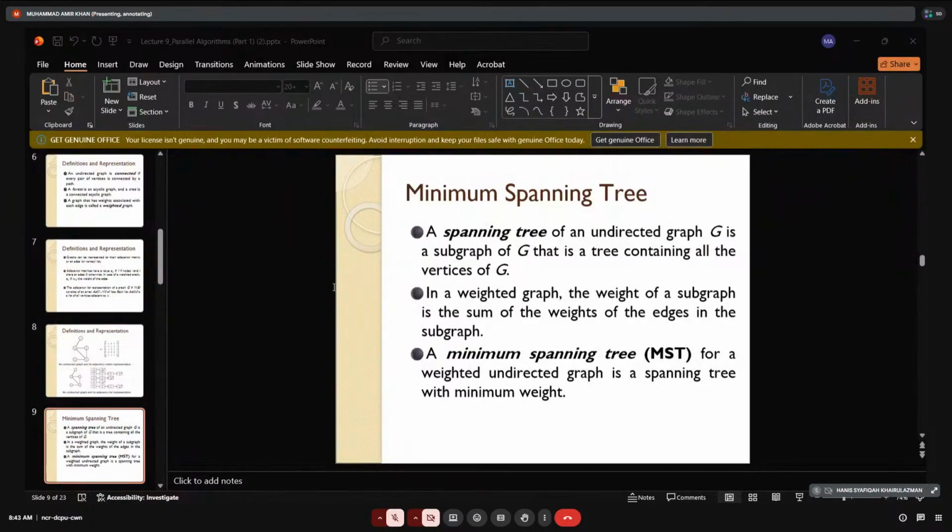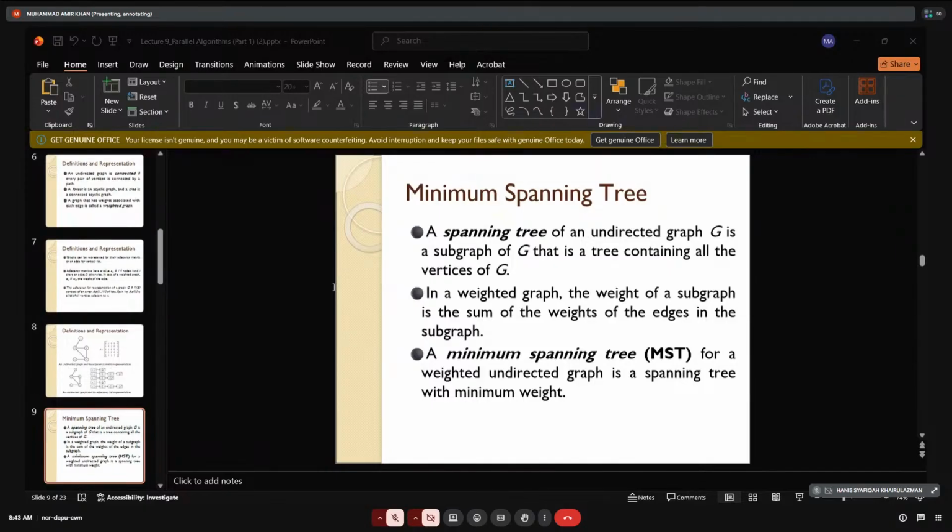For example, in the network, we have to follow the minimum links, the nearest route, the shortest route. Okay, understand? What we have to do? We have to follow the simplest and shortest route.